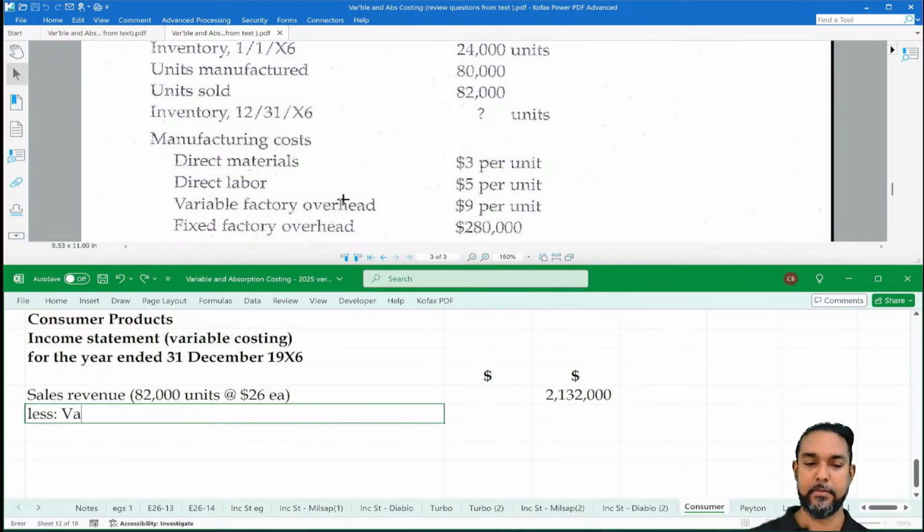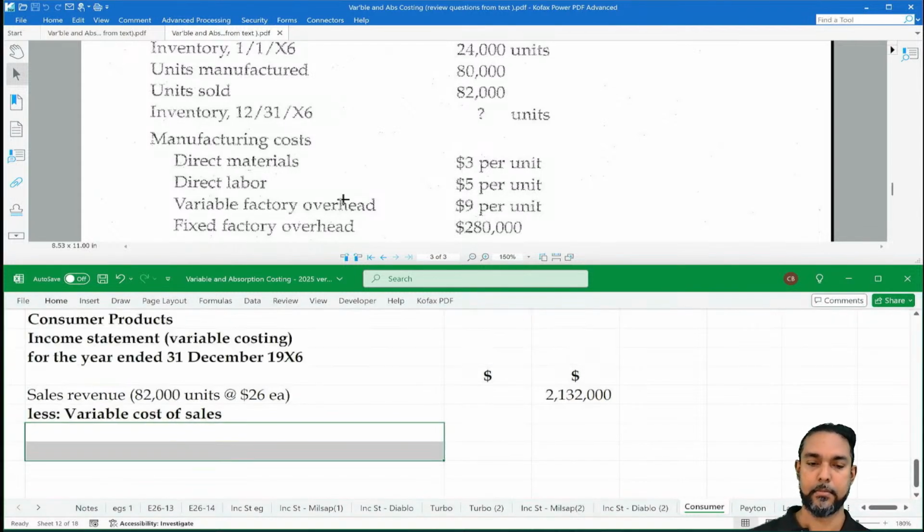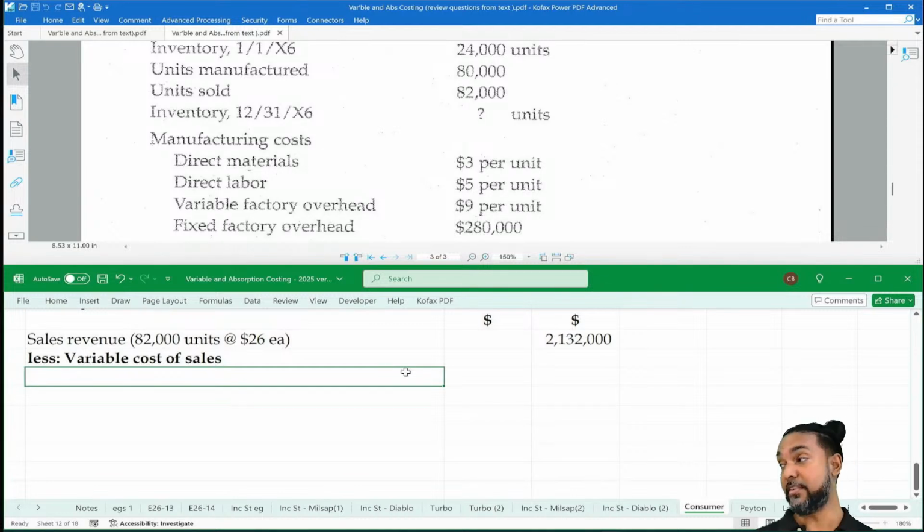So less the variable cost of sales. Let's scroll down a little bit so we don't keep things that are unnecessary on the screen and leave less room for what is necessary. Production or manufacturing. Let's use manufacturing.